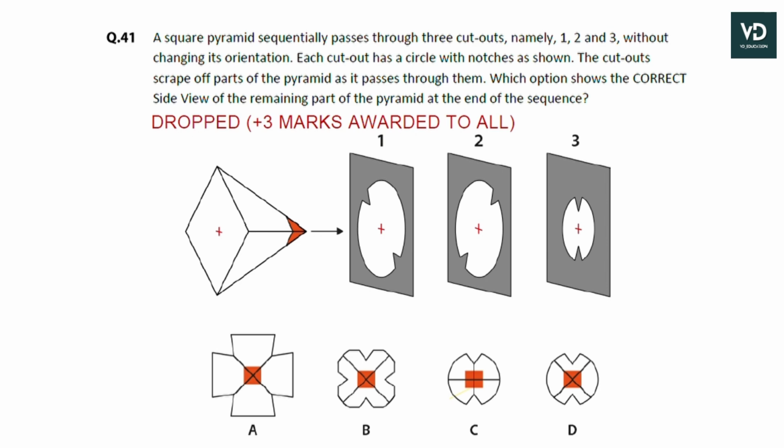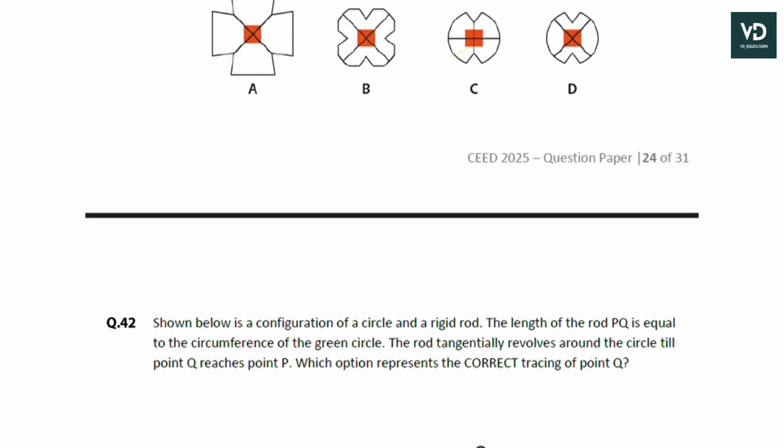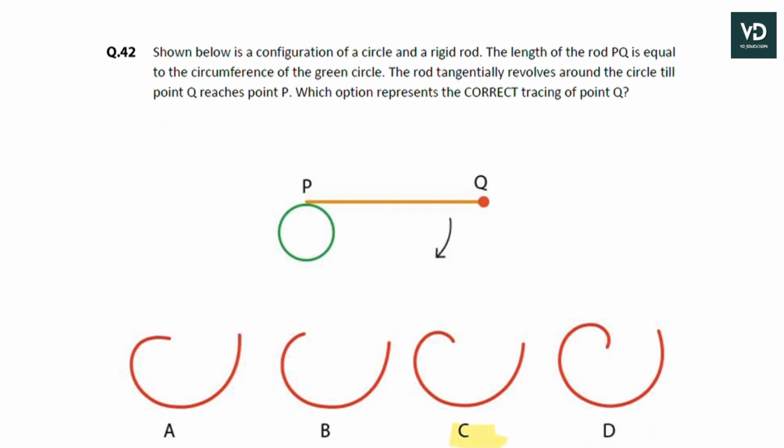Which option is the correct side view of the remaining part of the pyramid at the end of the sequence? Basically, the answer would be C, but this question was dropped and 3 marks were awarded to all students. So the next question is 42.